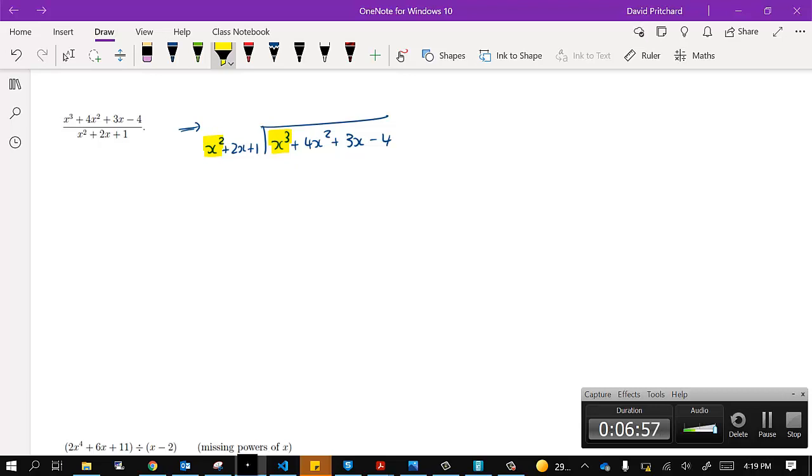The leading digit is x cubed and x squared. x cubed divided by x squared is x. And now we have to subtract the product of x and the divisor, which gives us x cubed plus 2x squared plus x. And so we're going to subtract that.